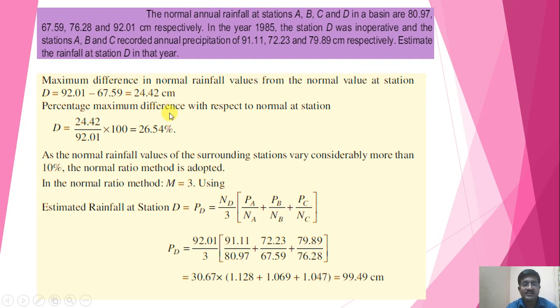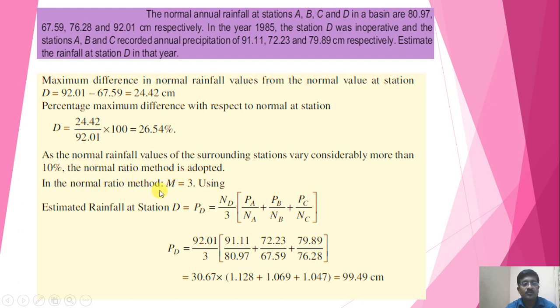So the percentage maximum difference with respect to the normal at station D is equal to 24.42 divided by 92.01 into 100, which is equal to 26.54. This is the maximum percentage difference. As the normal rainfall values of the surrounding stations vary considerably, by more than 10%, the normal ratio method is adopted.